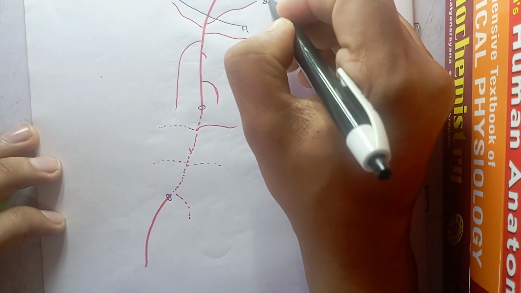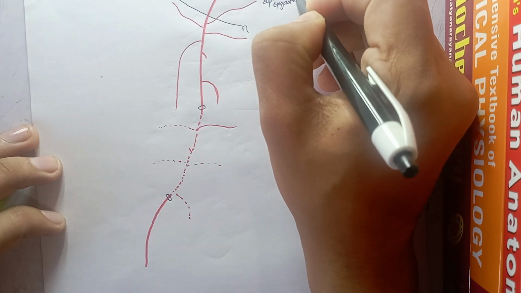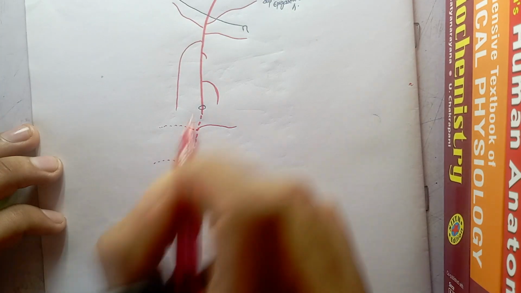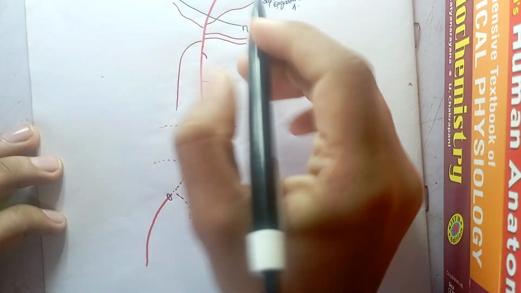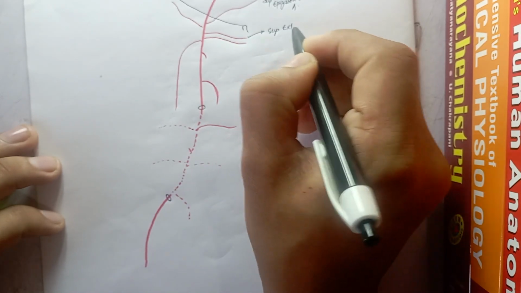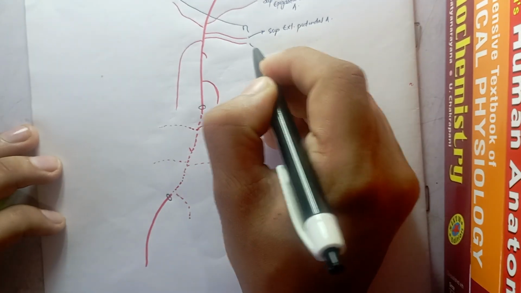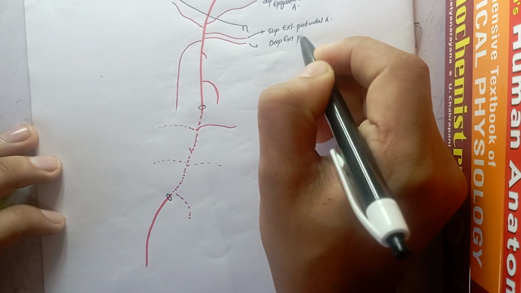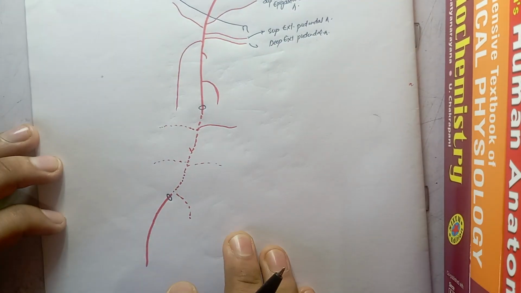This will be the superficial epigastric artery, and here another deep branch which I had forgotten. This one will be the superficial external pudendal artery. This one will be the deep external pudendal artery.